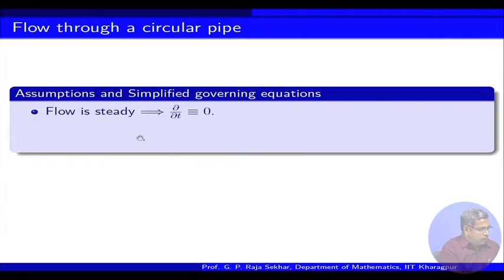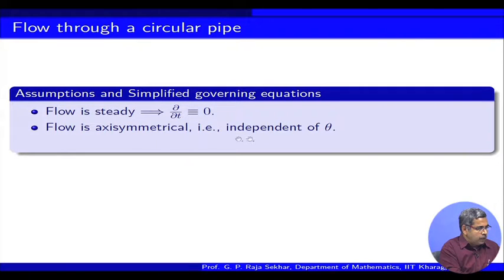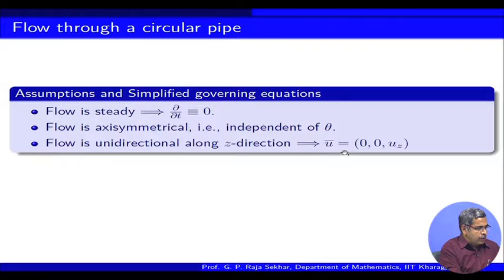Now, a very straightforward assumption, every time we are doing: flow is steady, then axisymmetric, that is independent of theta, then flow is unidirectional along the z direction. Here I would like to show you how the corresponding Navier-Stokes reduces slightly, so that you get some idea.